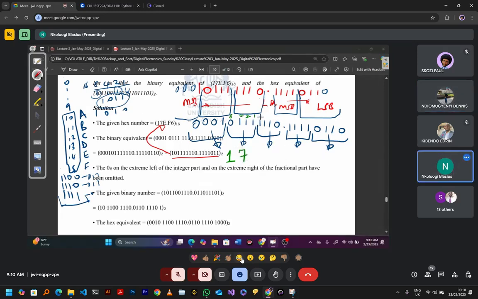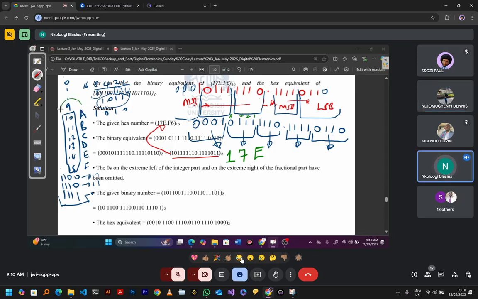And this? 1, 1, 1, 0, with weights 1, 2, 4, 8. That's 13. But 13 is written as what? Now, how did it come to 13?